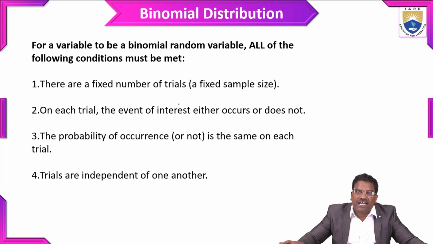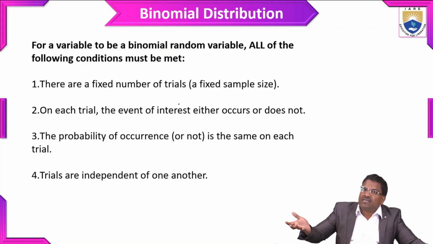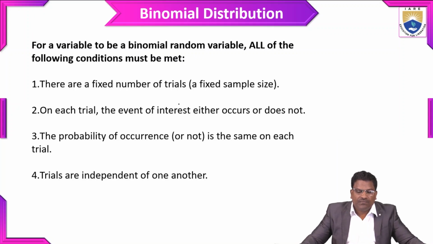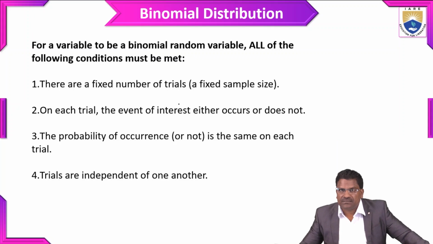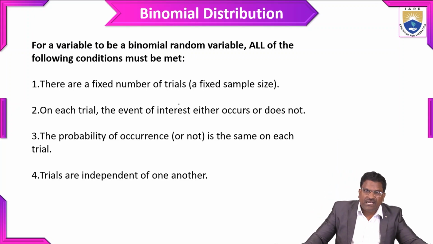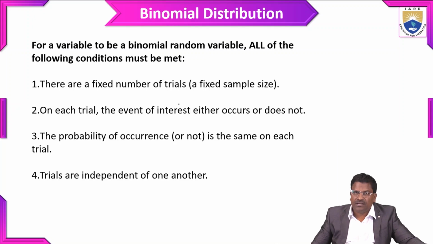Second one, on each trial, the event of interest either occurs or does not. Third one, the probability of occurrence or not is the same on each trial. Fourth one, trials are independent of one another.